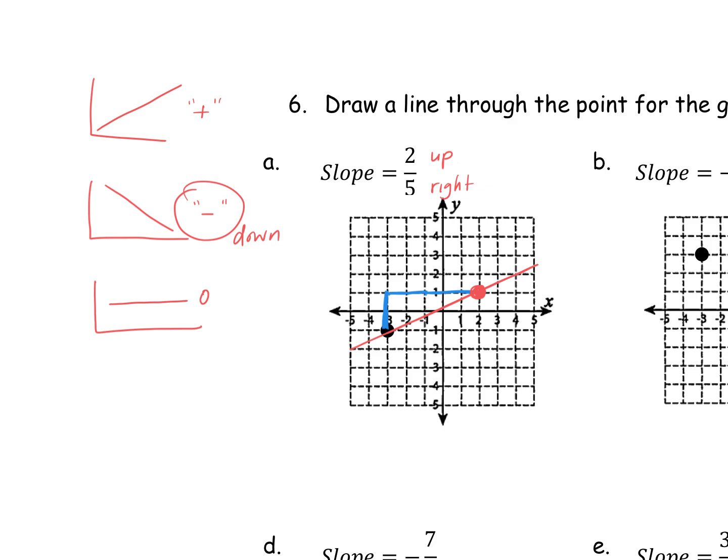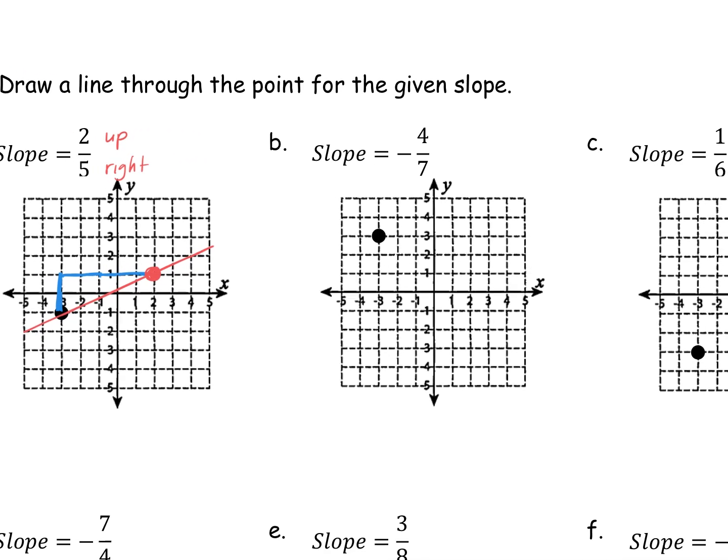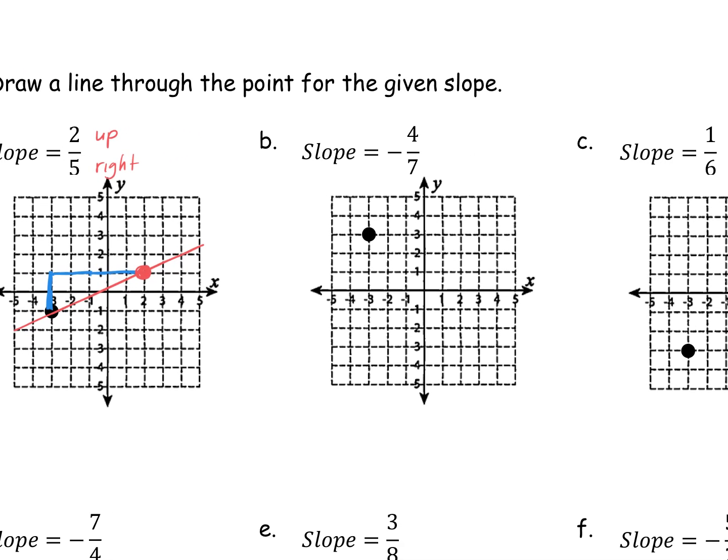I'm going to shift this over, and we're going to take a look at part B, because part B is a negative slope. In part B, you're going to notice that it's a -4. The sign attaches to that top number. Going from where your point is originally listed on your graph paper, I'm going to go down 4 units.